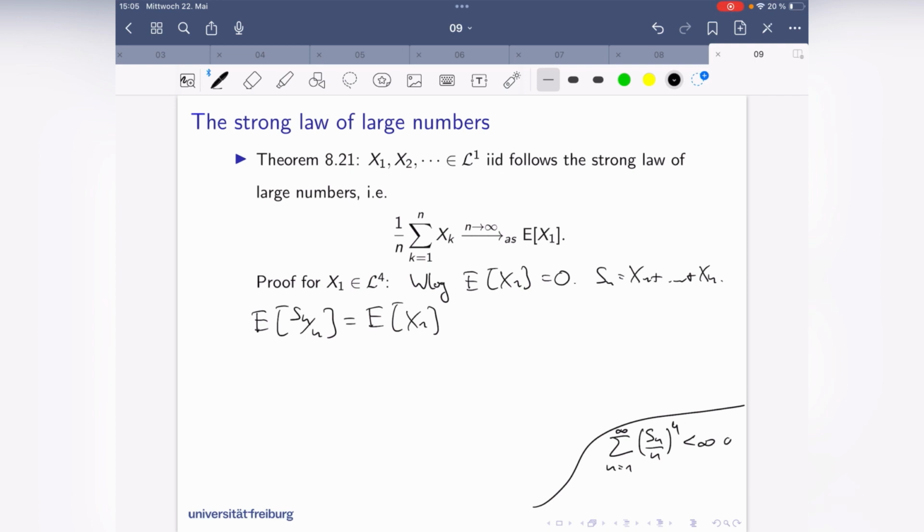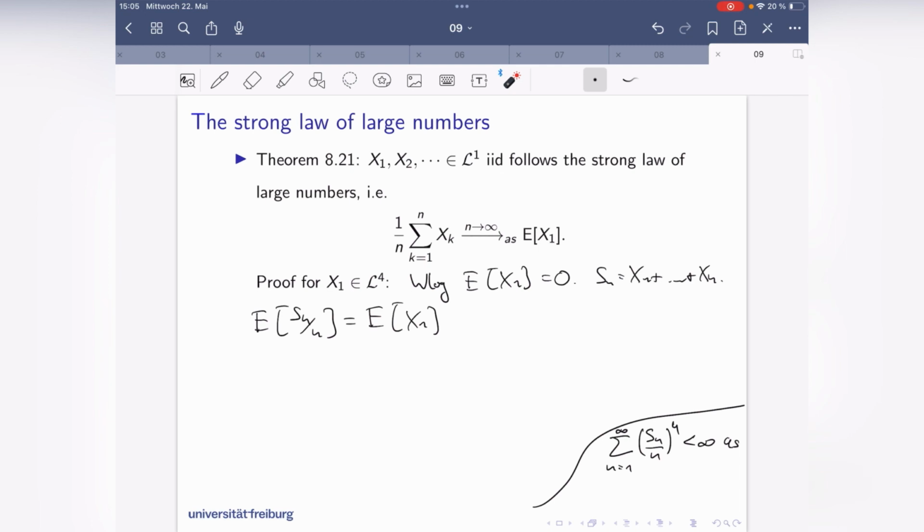Almost surely, that's what we are going to prove. And then we are done, because if this here is finite almost surely, Sn over n to the power of 4 converges to 0, and that means Sn over n converges to 0. And that's exactly what we want to prove, because Sn over n converges to 0, expectation is 0 without loss of generality. So, well, we are done when we have shown this.